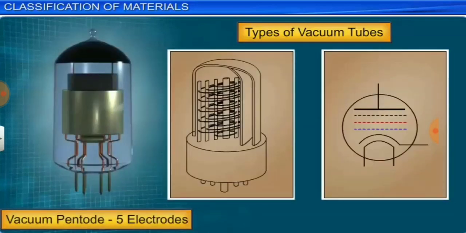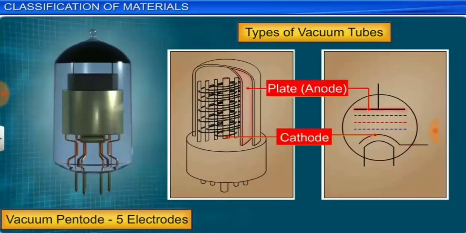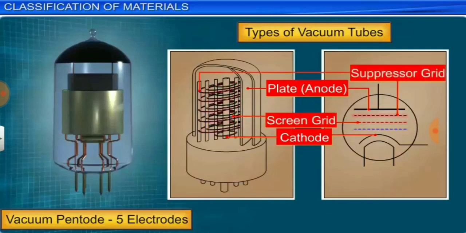A pentode has five electrodes. They are cathode, plate, control grid, screen grid and suppressor grid.